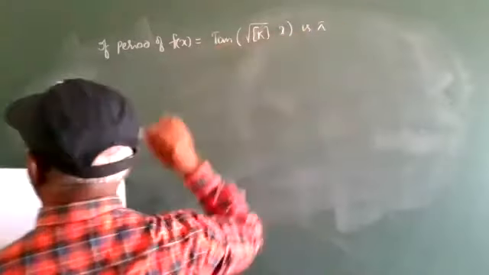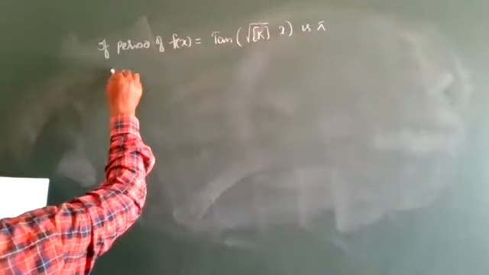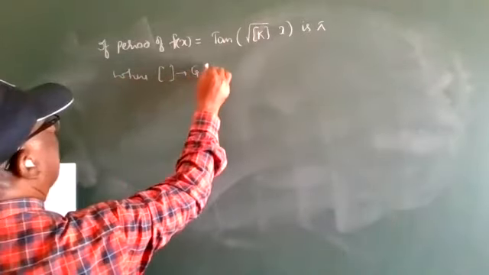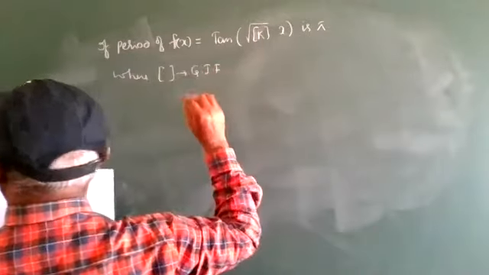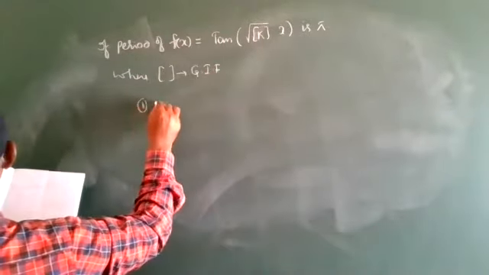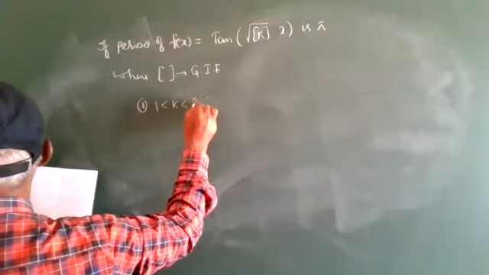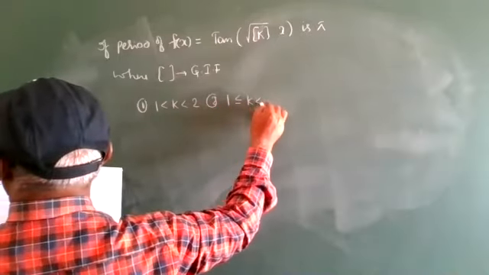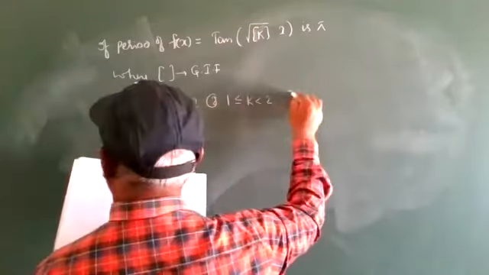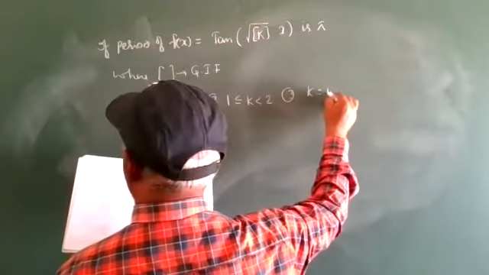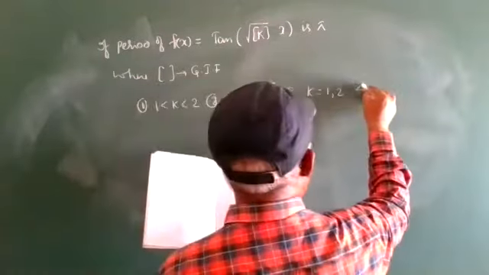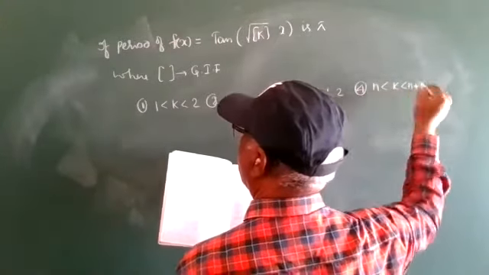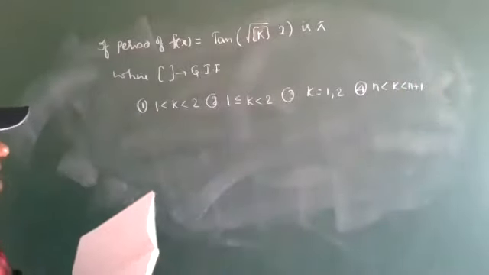Its period is pi. Here the closed bracket is the greatest integer function symbol. Then the first option is 1 less than k less than 2. The second option is 1 less than k less than 2. The third option is k is equal to 1, 2. The fourth option is n less than k less than n plus 1.